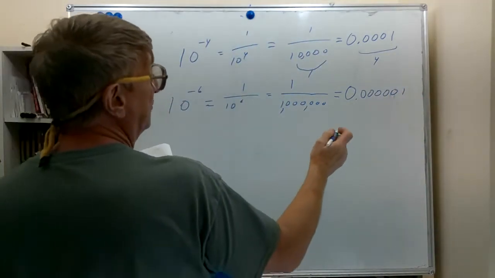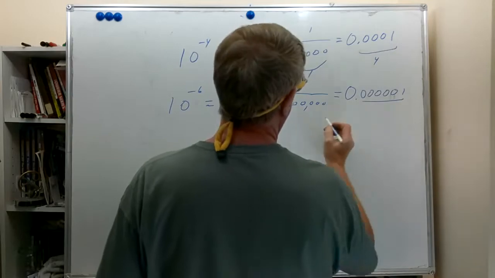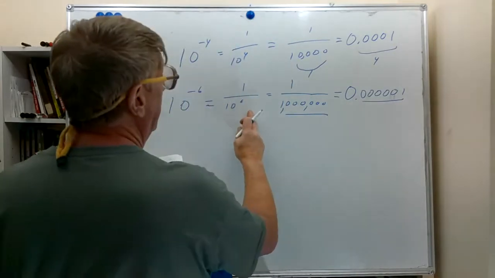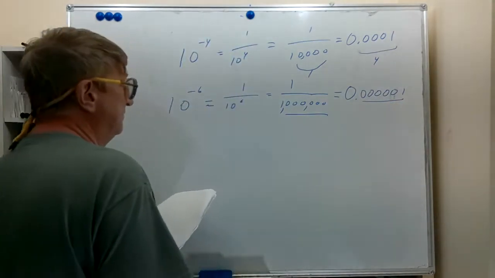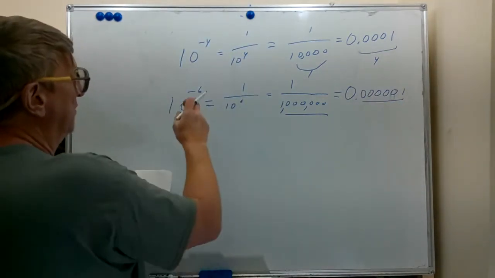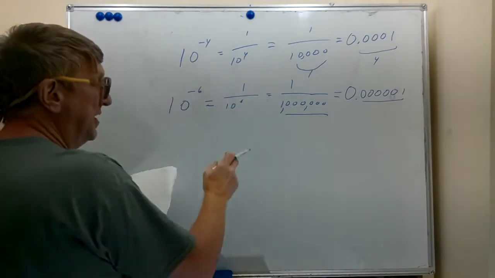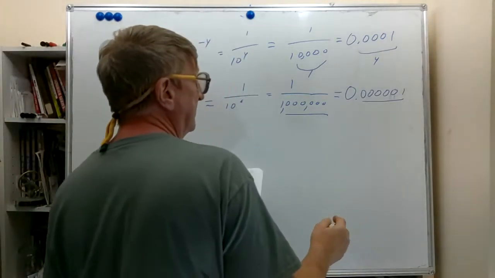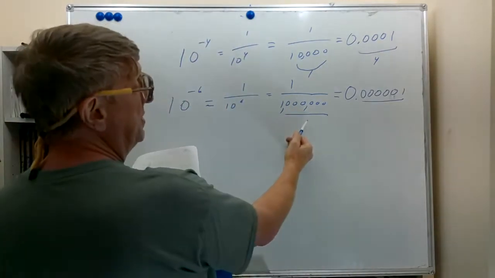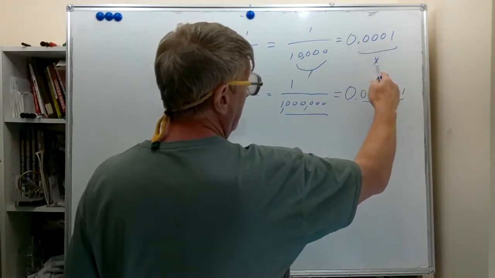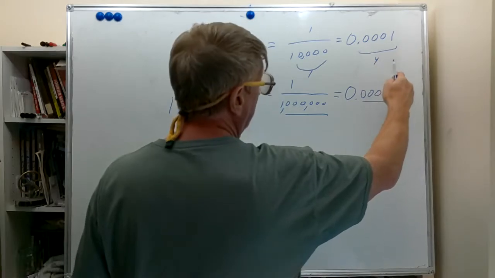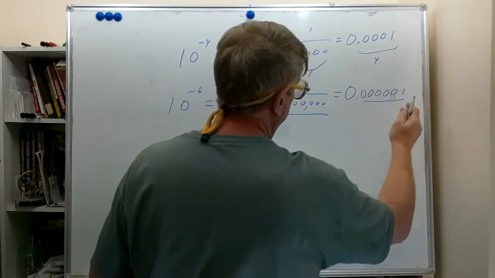That's 6 decimal places, 6 zeros, positive 6, 6 zeros, negative 6, 6 decimal places. The sign change, we went from numerator to denominator. And this was 1 over 1 million. What do we got here? A tenth, hundredths, thousandths, 10,000ths, 100,000ths, 1 millionths.